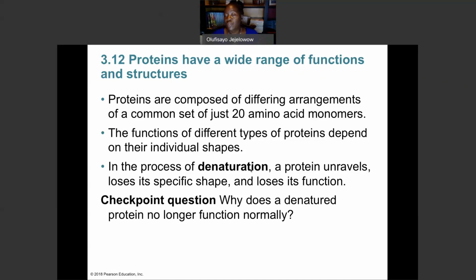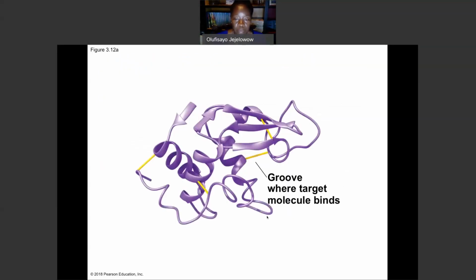If you were to try to work with the enzymes, they no longer work. Why does a denatured protein no longer function normally? When we denature the protein, we break the bonds and we rearrange and distort the molecules, and they can no longer function. So remember to answer your checkpoint questions and email them to me.